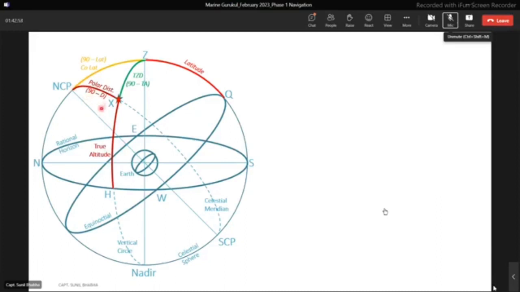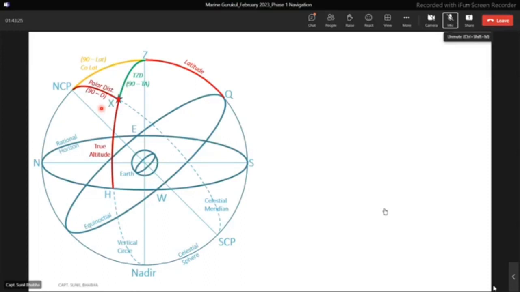Now it will be very difficult for us to make this kind of diagram. This is actually a 3D diagram represented on a plane surface. For solving questions based on the PZX triangle, making a diagram like this will be very hard as well as time-taking, especially in examination conditions, if you have to make it in every question.